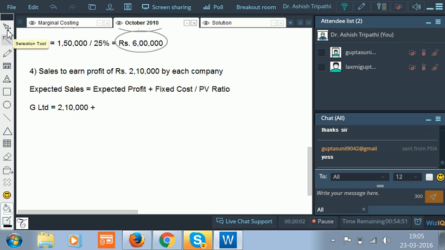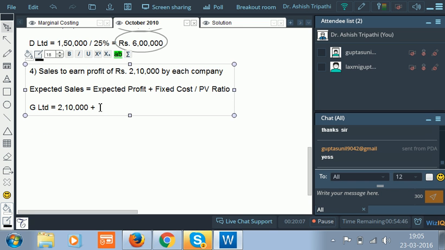We are trying to calculate the expected sales of G Limited. So the formula is expected profit plus fixed cost, whole upon PV ratio. Fixed cost of G Limited is 1 lakh. PV ratio of G Limited is 20%.